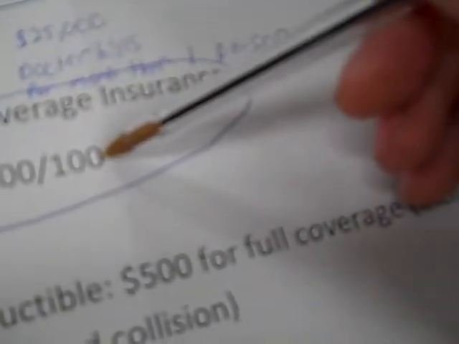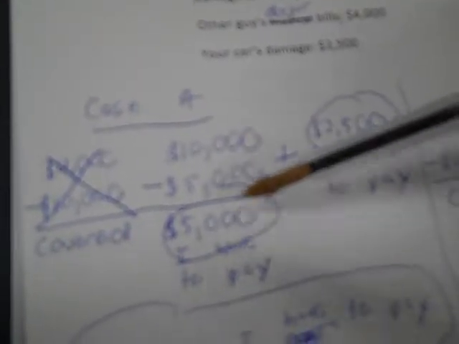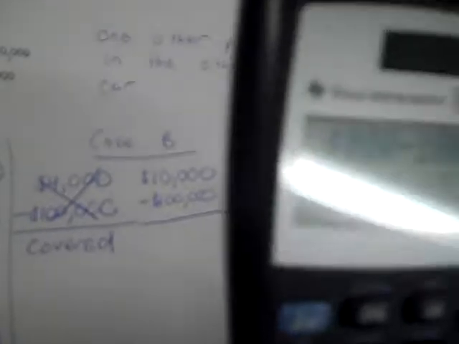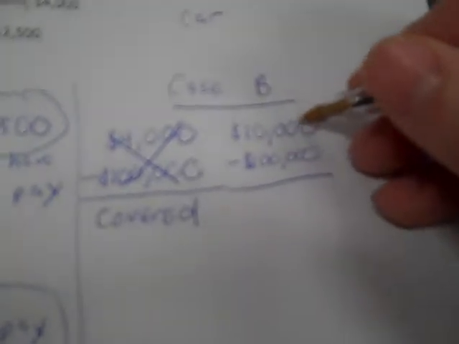Okay, now again, for the other person's car, now what was 10,000? 10,000 was damage to the other guy's car that needs to be fixed. They'll pay up to 100,000 of that, okay, 100,000. Now over here under the basic liability, okay, 5,000 wasn't enough. You still had money left, but now if you take 10,000 and subtract 100,000, you get a negative. That means the insurance will cover it all, okay? They will be able to cover all of this, so that's covered.